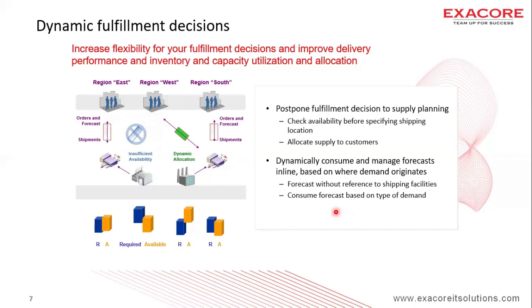Whenever there's demand, a consumption forecast will be generated, and dynamically we will be able to generate demands and move the materials using our transportation modules to the location where the insufficient availability is. From a different manufacturing plant or manufacturing DC, the dynamic allocation happens to the corresponding regions.